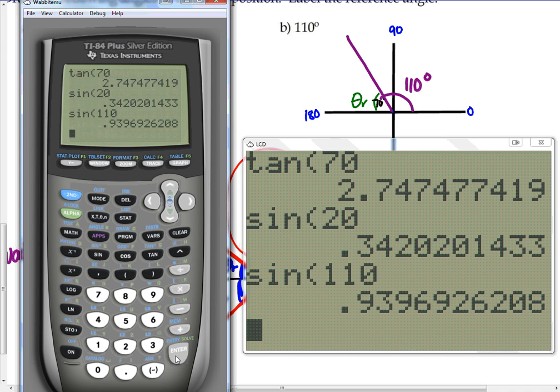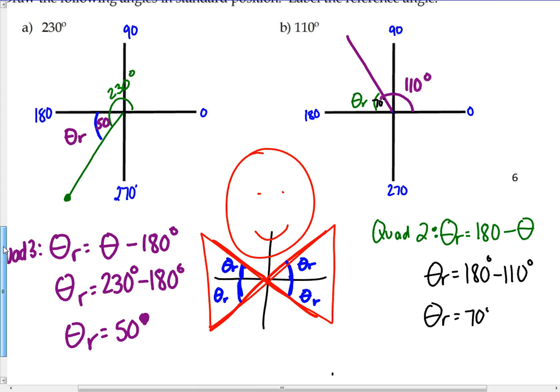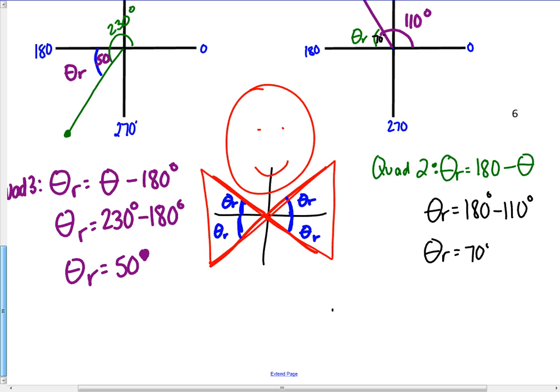That's why we always use the one between the x-axis and the terminal arm, because they share the same ratios, ignoring sign. We're going to use that to our advantage in the future, because we can change them out, and if we can figure out the sign, we can also figure out the answer.